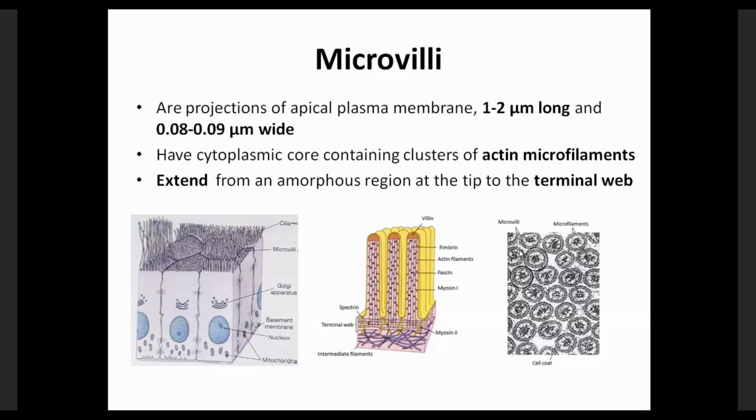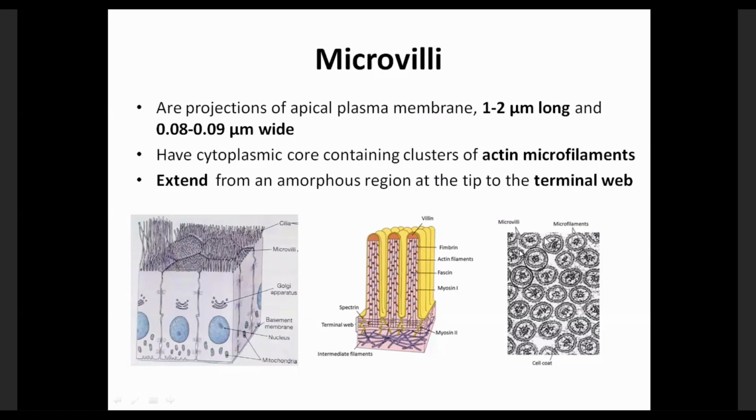Within the core, in order to make these microvilli erect, we need microfilaments, mainly actin-containing microfilaments, linked one with another. These microvilli run from the more apical aspect from an amorphous type of region deep into the apical aspect of the cell, where we again have plenty of filaments.